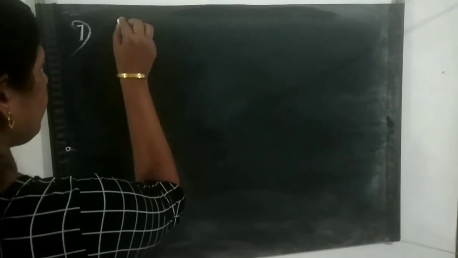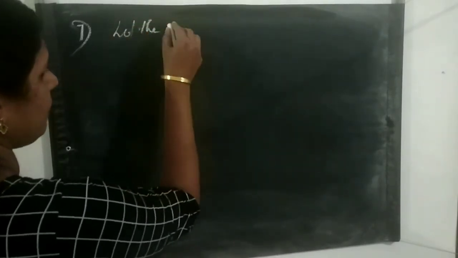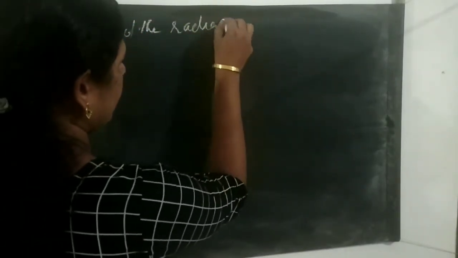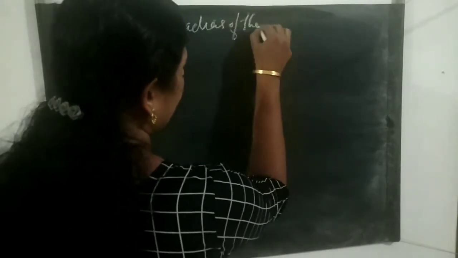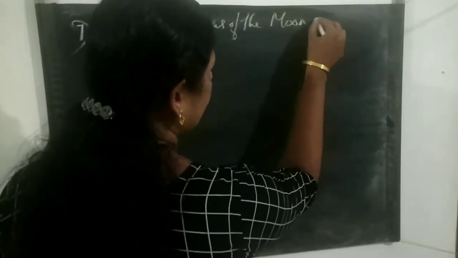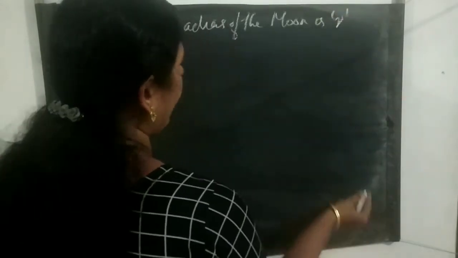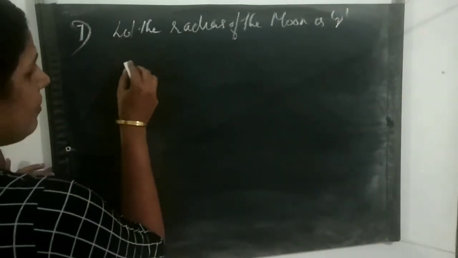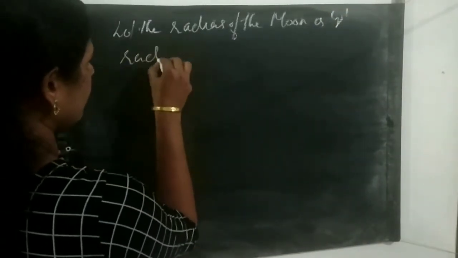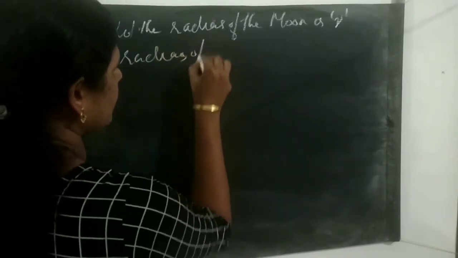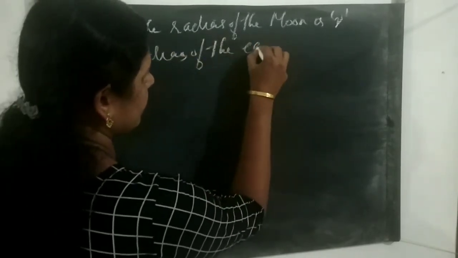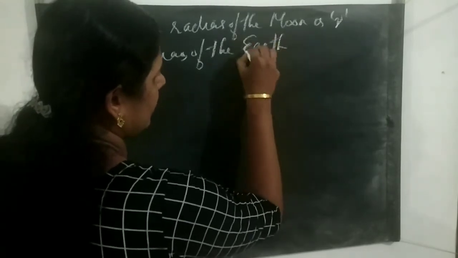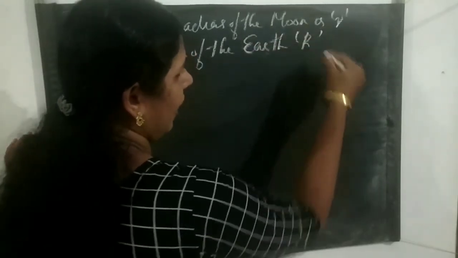See children, here we just take the radius of the moon as small r, and the radius of the earth is capital R.